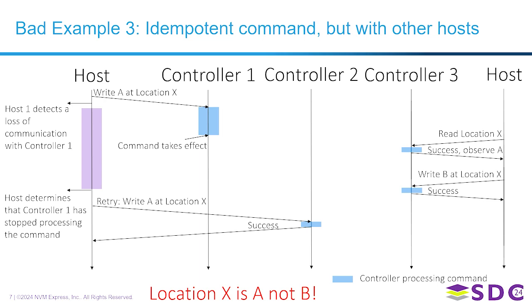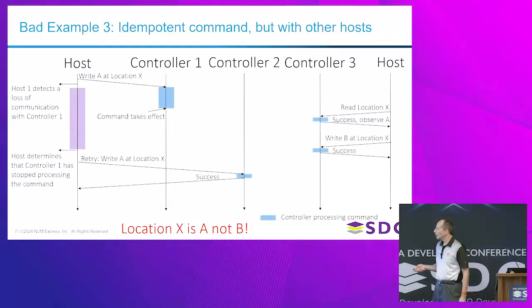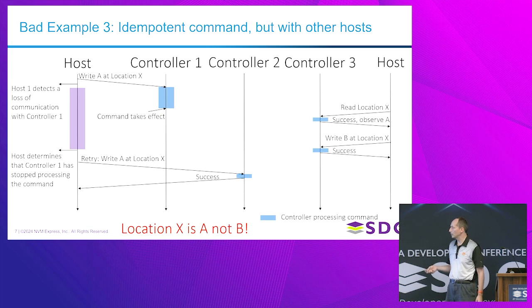And this host reads the location and says, okay, we're at step A. I can move on to step B. And I'm going to finish step B, and I'm going to write that we're at step B. Well, this other host over here didn't know that that was going on. And so when it was done waiting for that command to stop executing on controller 1, it says, okay, I've got another path.